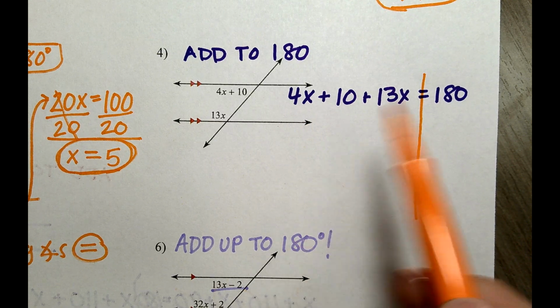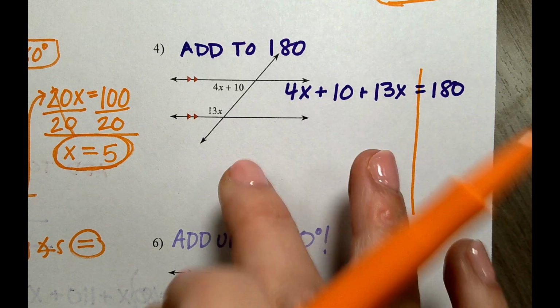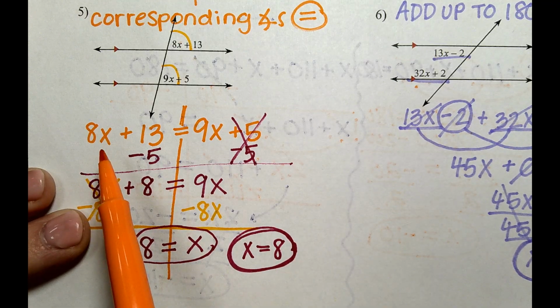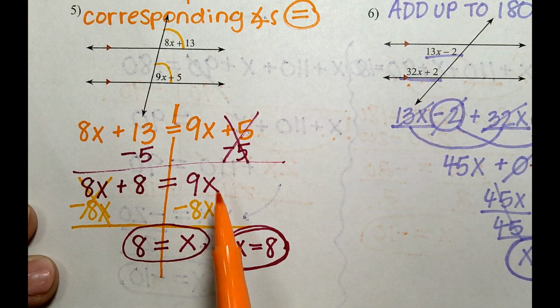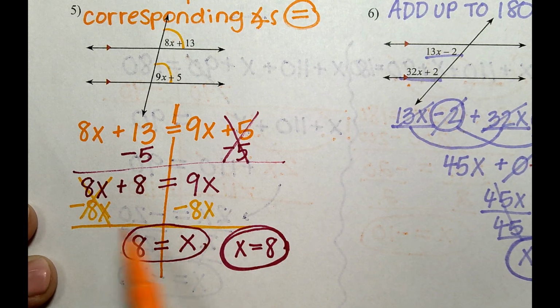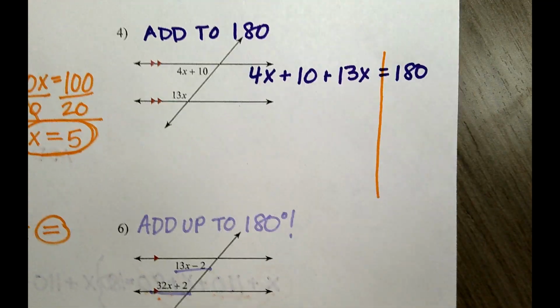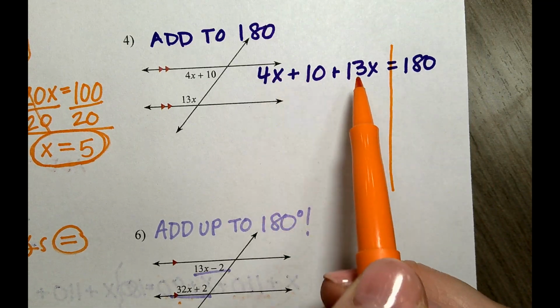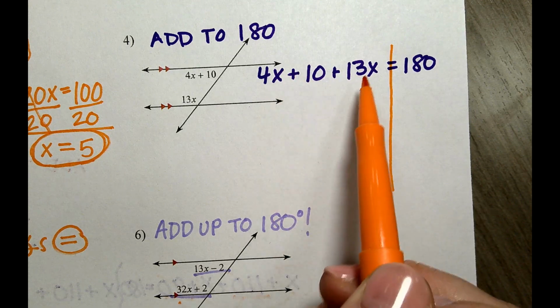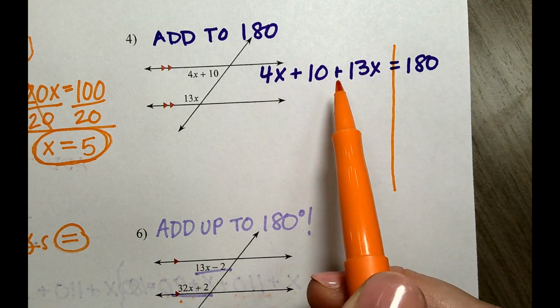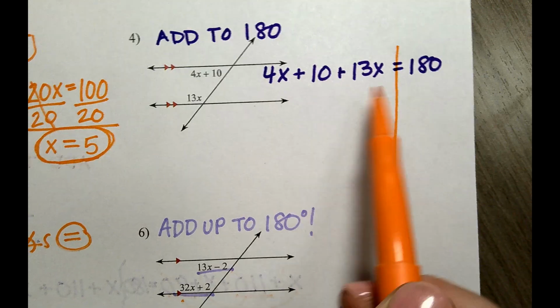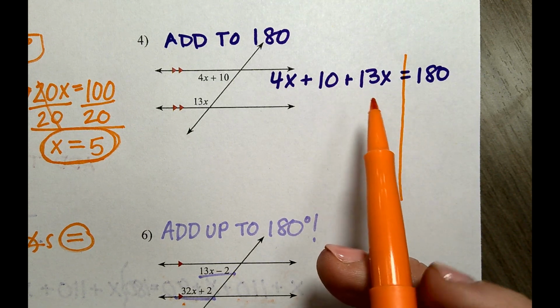That's okay. So let's talk about this. Whenever we have like number 5, we ended up needing to subtract our x's to combine them because they were on different sides of the equal sign. But when you have x's on the same side of the equal sign, we don't have to do anything opposite. We're just going to combine them, right?